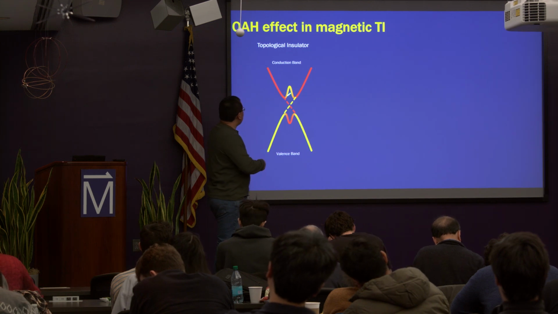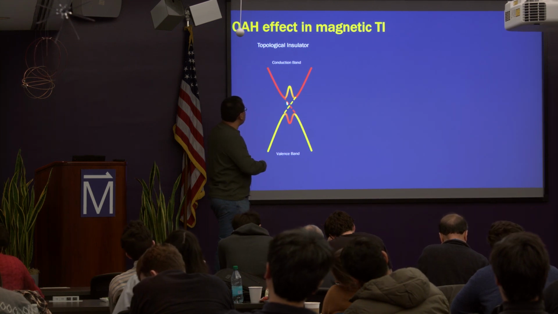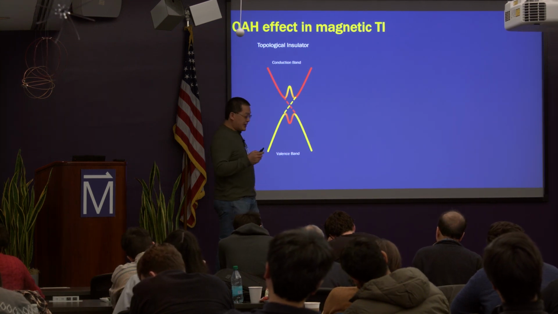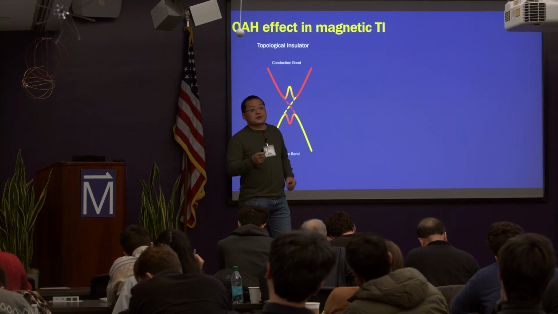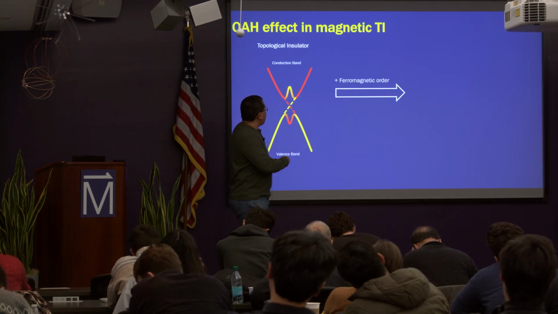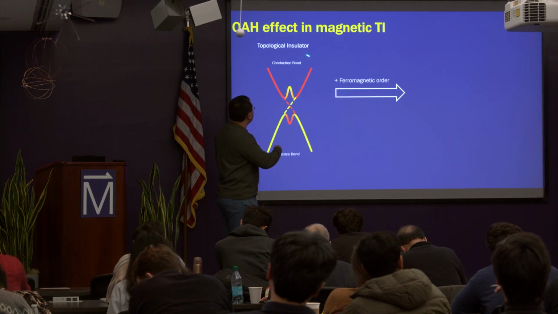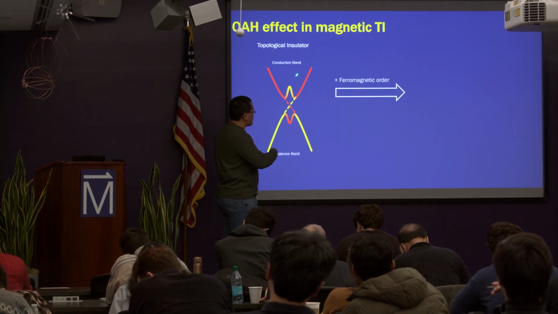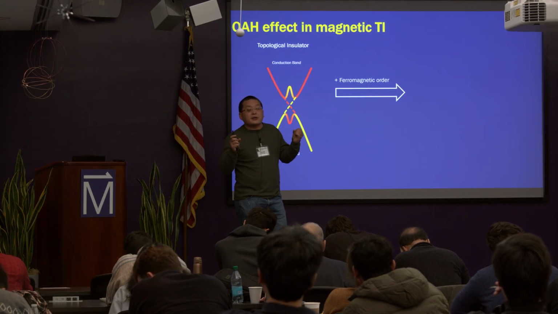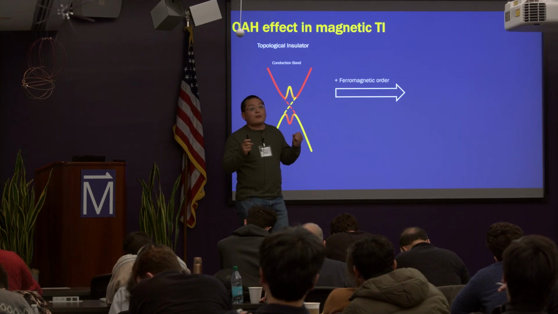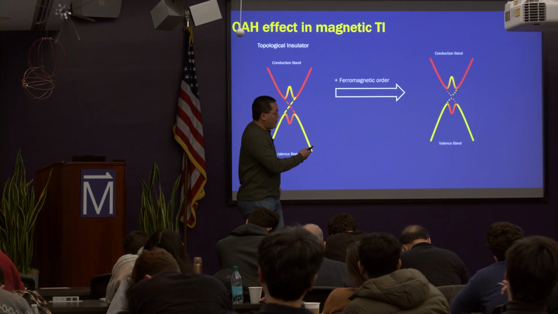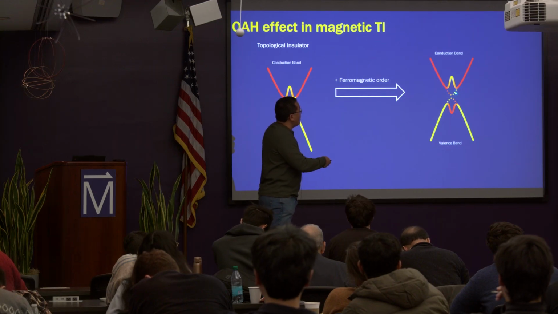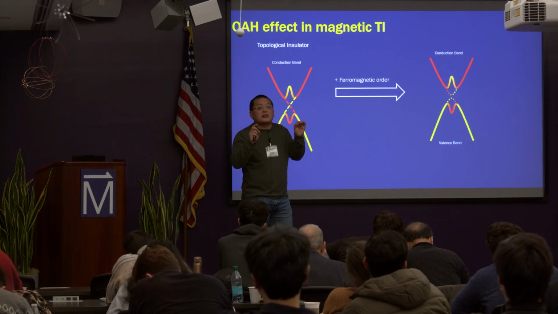As I told you, this is the topological insulator, this is the Dirac surface state, and the Dirac surface state is protected by time reversal symmetry. If we could introduce ferromagnetic order into this topological insulator, it will break the time reversal symmetry and form a gap at the Dirac point. This gap is not the bulk gap.